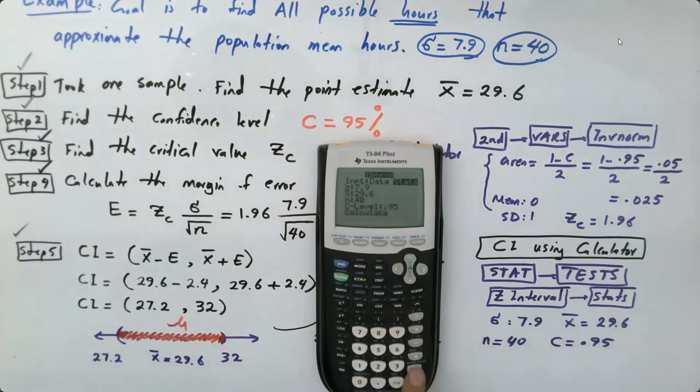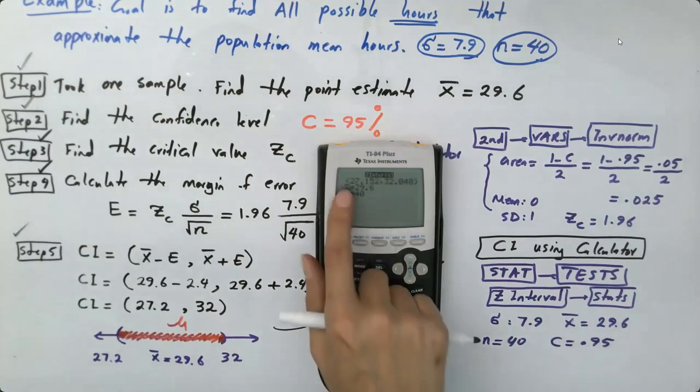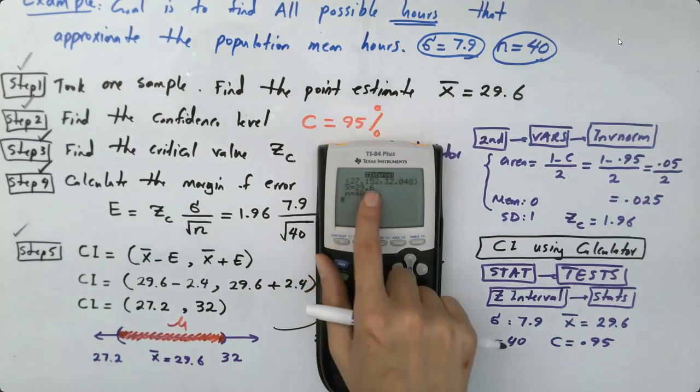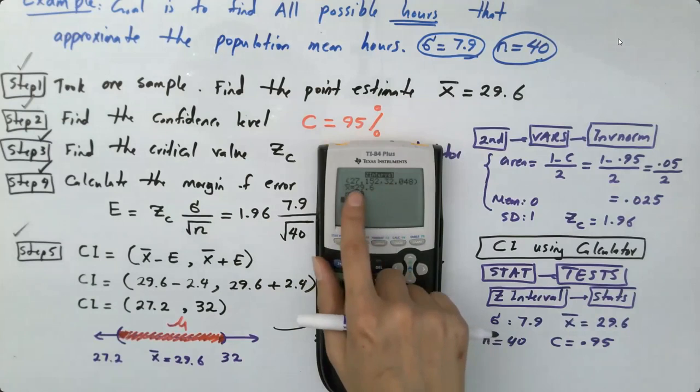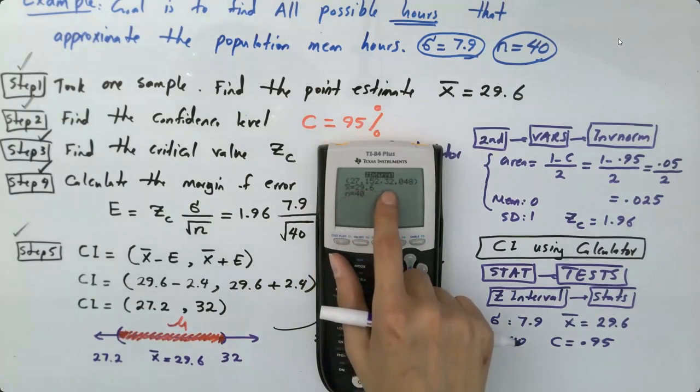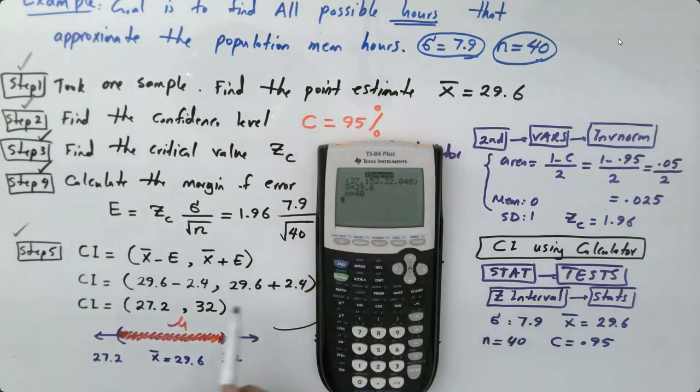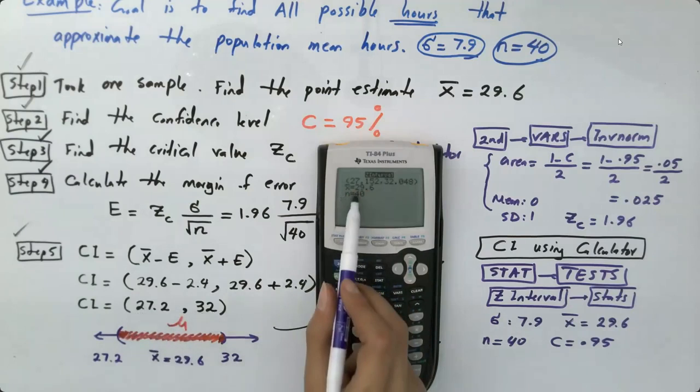And then do the calculation. Very good. The confidence interval given to us is 27.2, 32. See how accurate the calculation on the calculator and the one that they did on the board match.